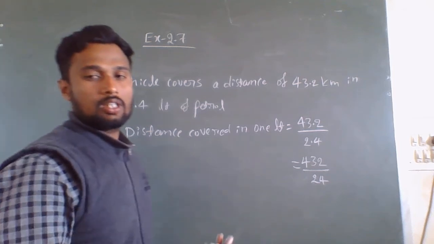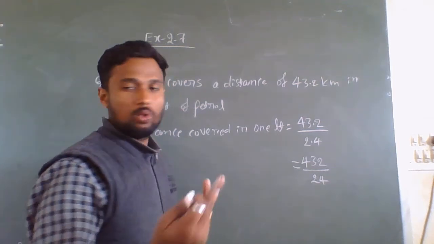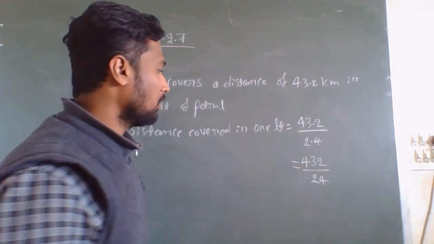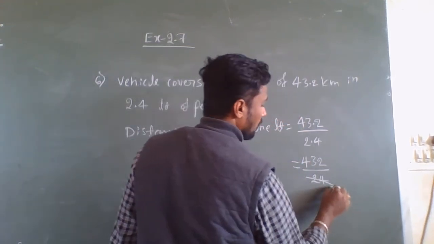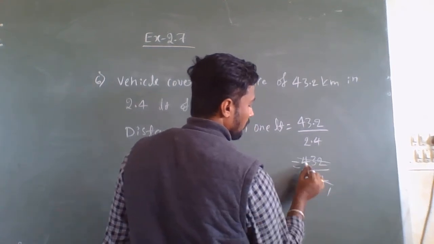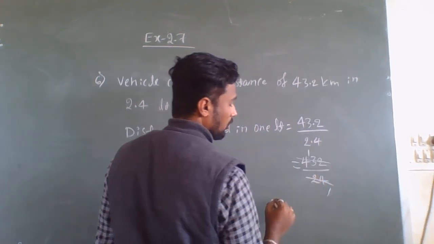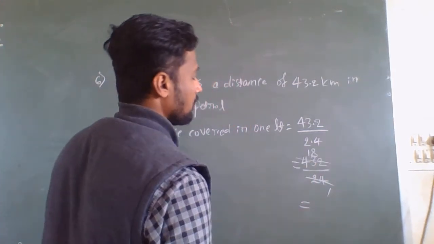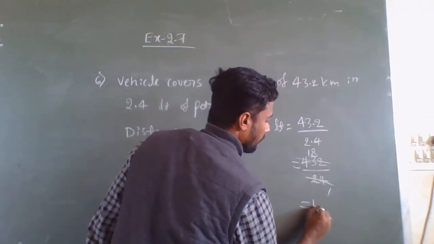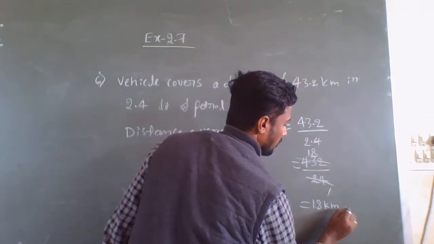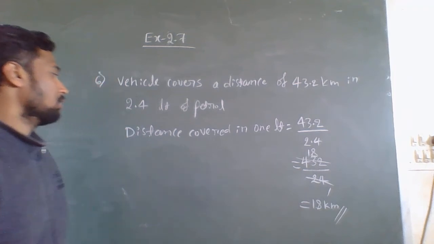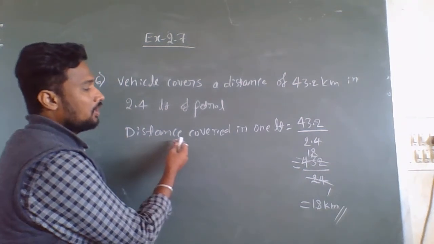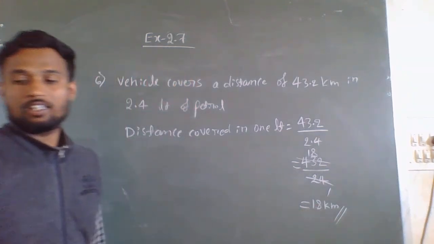So you can directly divide, 24 ones are 24, and 24 eights are 192. So what is the answer you got here? 18 kilometers is the final answer. So below this you should write, therefore distance covered in 1 liter is 18 kilometer.